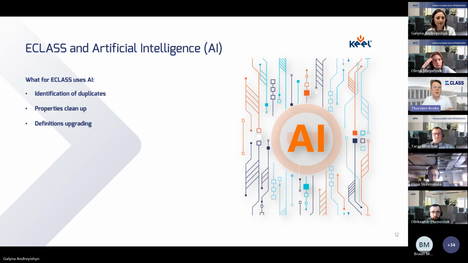For example, if you're looking for the voltage, for electric components, the voltage is really mentioned often, and the system tries to recognize, powered by AI, what you are really searching for and gives you a search score. This is for the future, but nevertheless, good to know that ECLASS is also innovative and uses AI here for everything. Cool. Thank you, Thorsten.